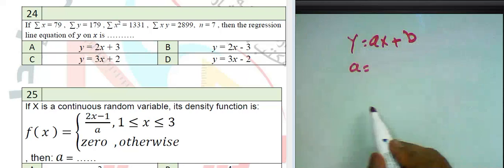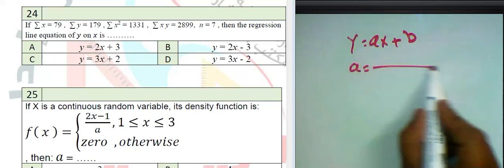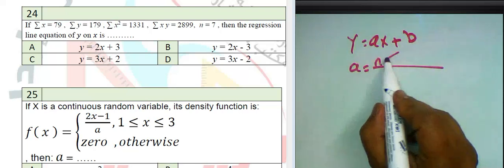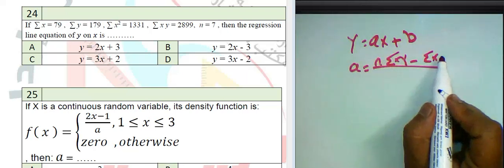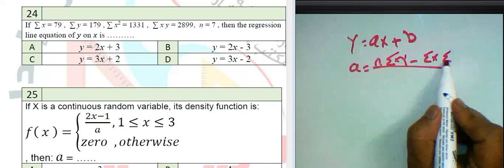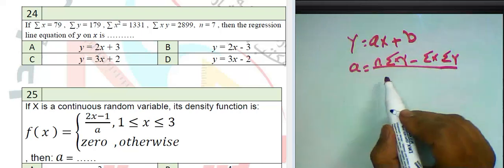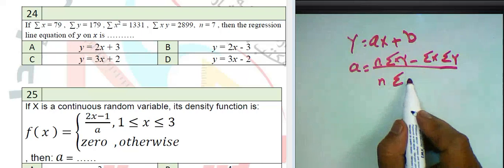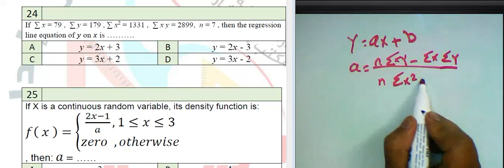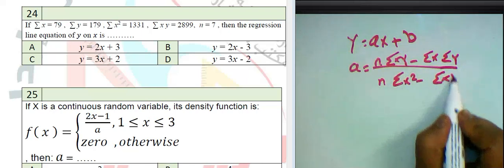First we can find a using the rule: n times summation xy minus summation x times summation y, over n times summation x square minus summation x all to the power 2.